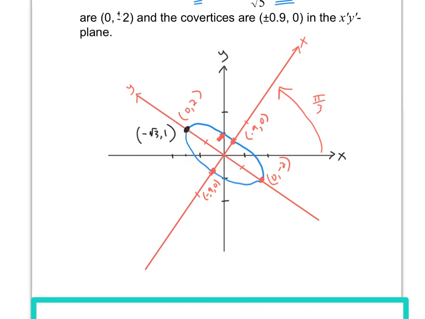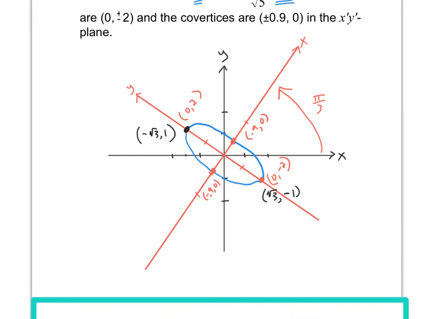Negative radical 3, and then I'm pretty close to the 1. Again, this is just a sketch. If I were using graph paper, it would be more exact. And then this point down here in the black universe, in our regular xy axis, would be radical 3, comma, negative 1. And again, you can see radical 3 is about 1.7, and then down 1.